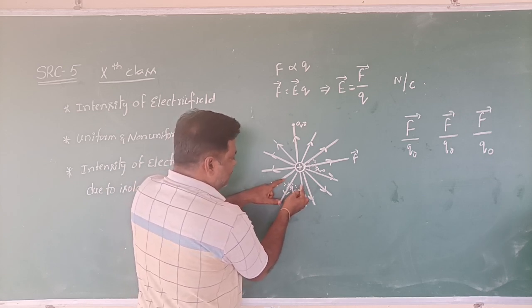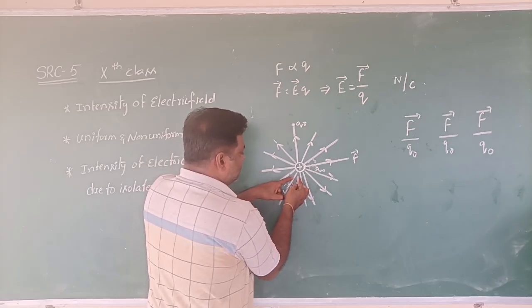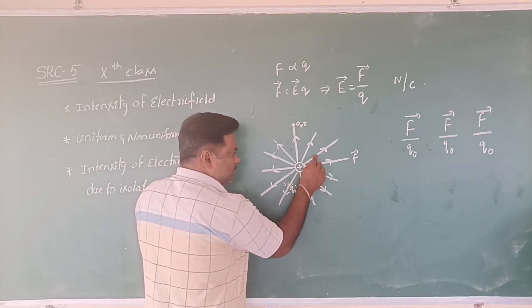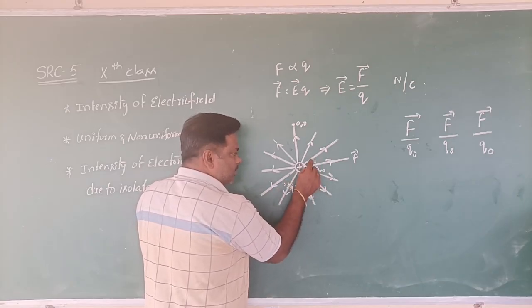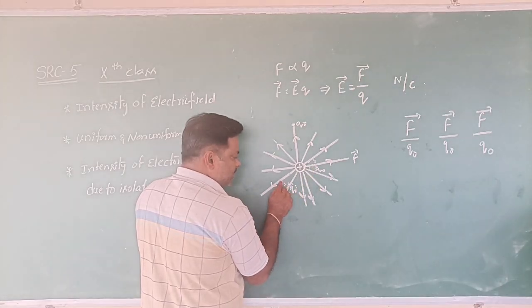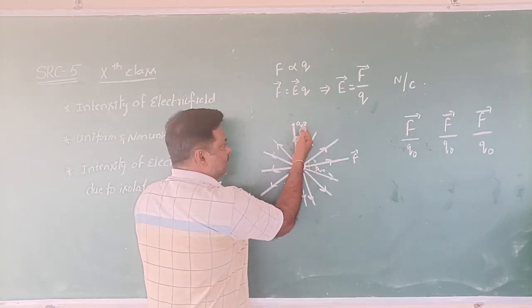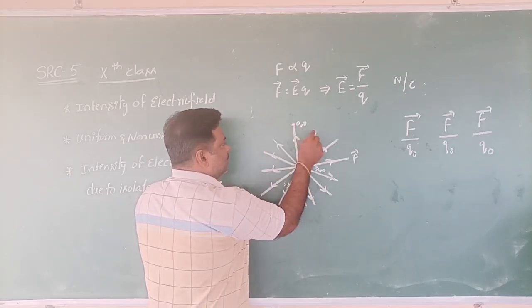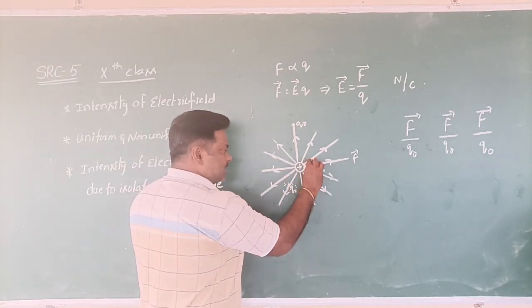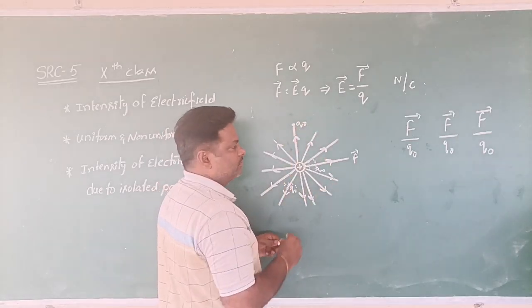When these two lines are very near to the test charge, like this, it experiences more force. In the other case, these two are located at a somewhat farther distance. But here, they are not near to Q naught at all. So it will experience more force, less force, and no force.